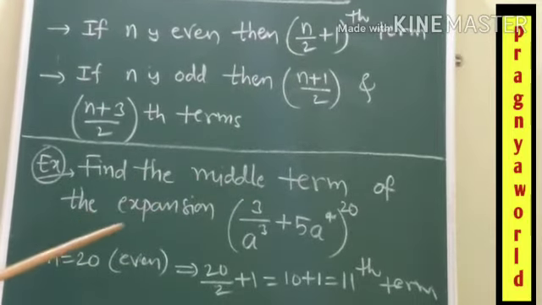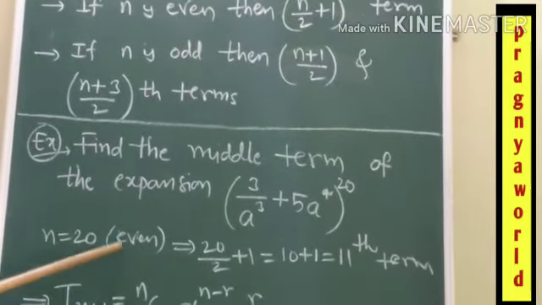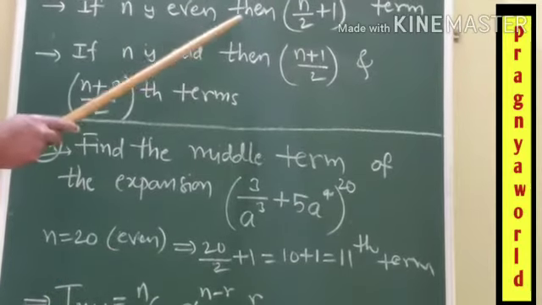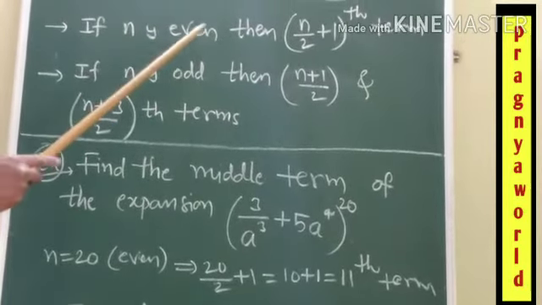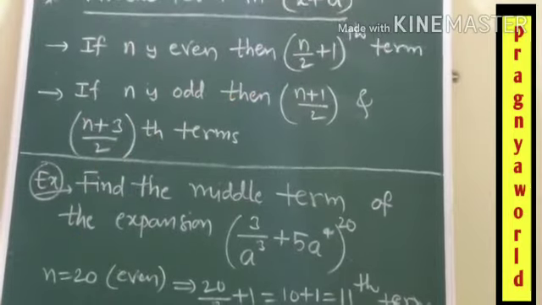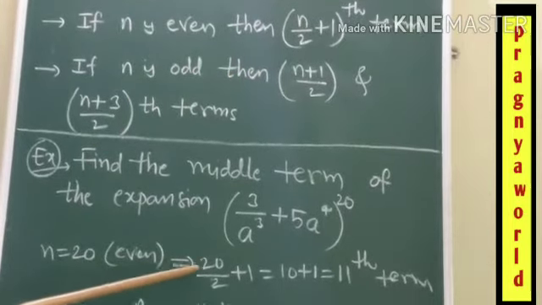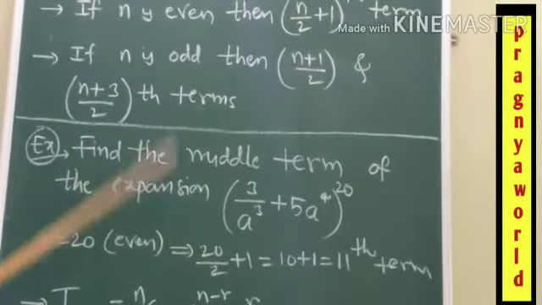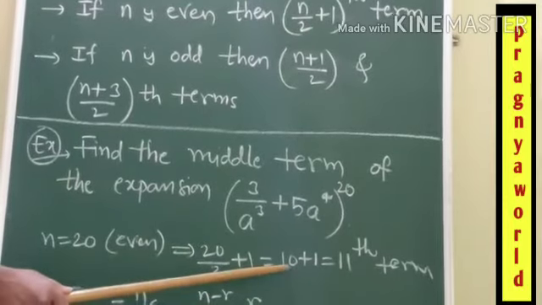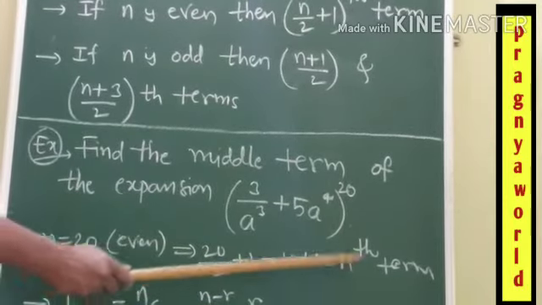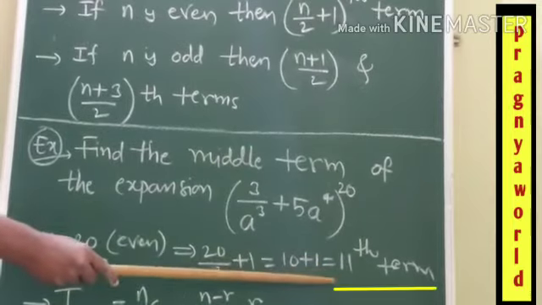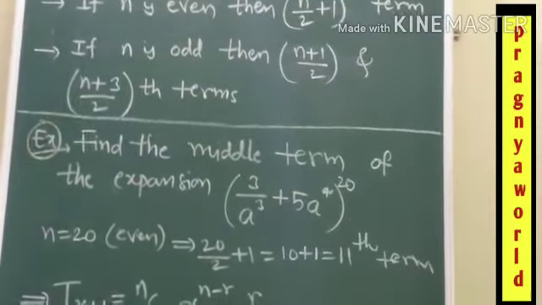Here the n value is 20, that means even. In the first case, if n is even, then the (n/2 + 1)th term. That means 20/2 + 1, that is 10 + 1 is the 11th term. Here the 11th term is called the middle term of the given expansion.